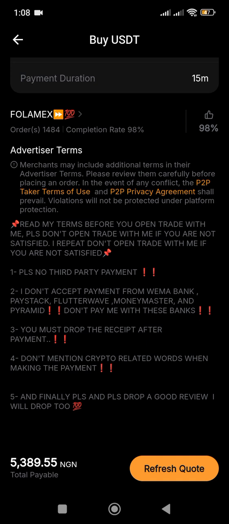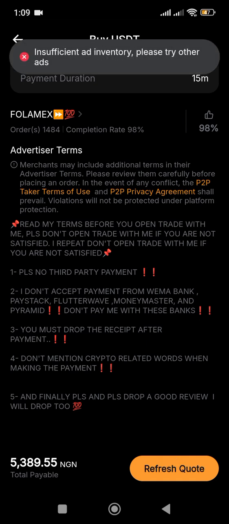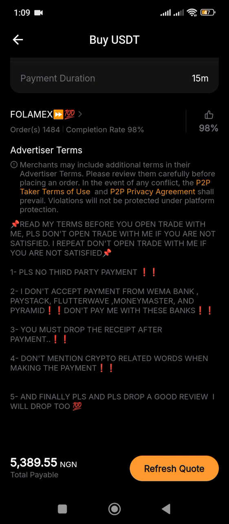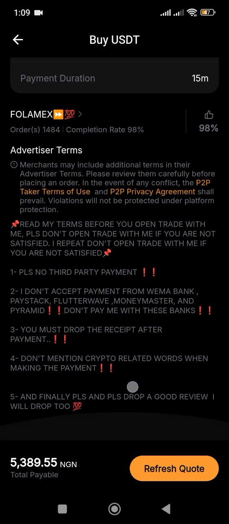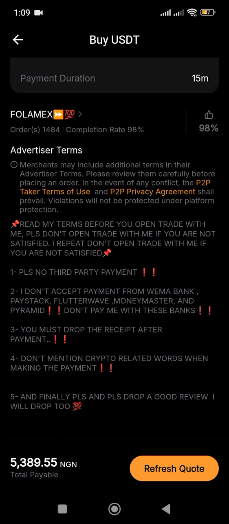If the ad was actually active, you can click here to proceed with payment, and when you click there, you will see his account details displayed on the screen. Then you copy his account details, go and make payment. When you make payment, you will come and click on payment completed.